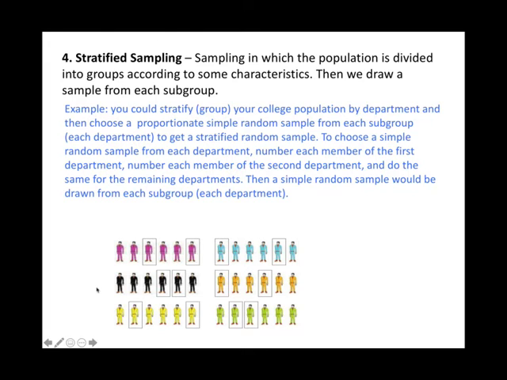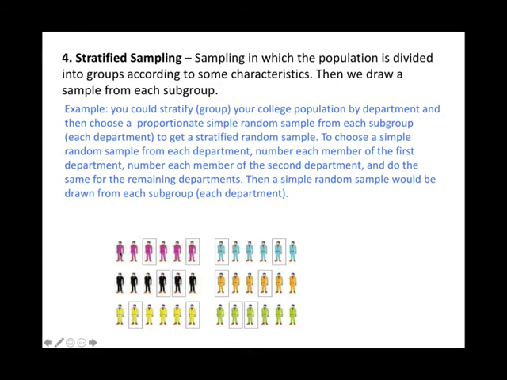I'll be using the simple random sample to pick from each subgroup. So let's say for this group, I'm going to close my eyes and pick this and this. So these two guys will be my sample. And in another subgroup, I'm going to close my eyes and pick these two. I will use the simple random sample to pick from each subgroup.